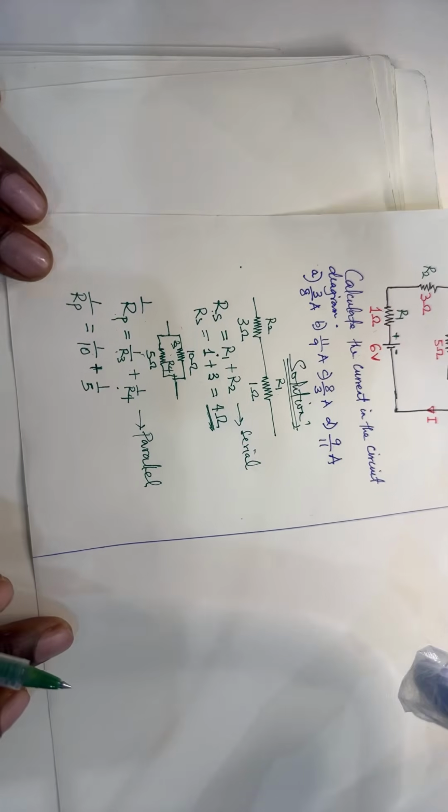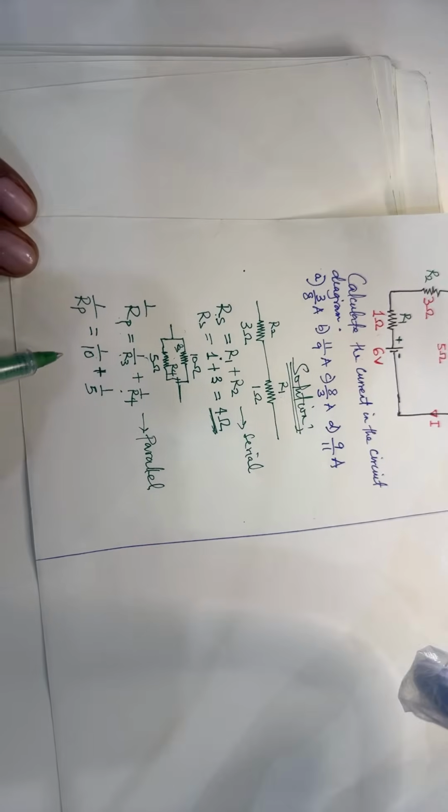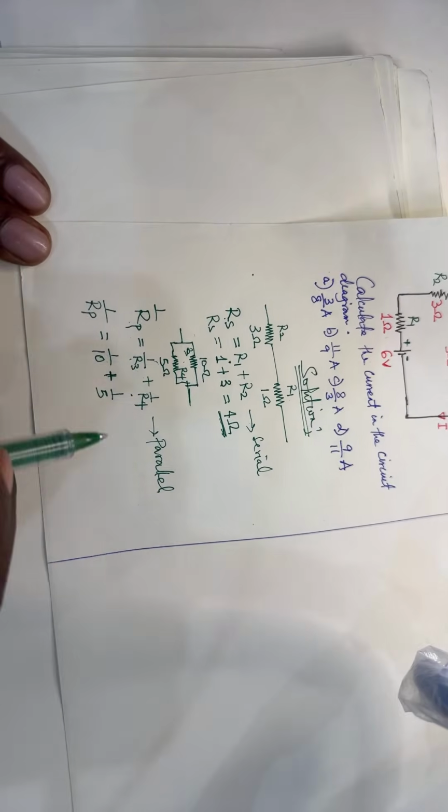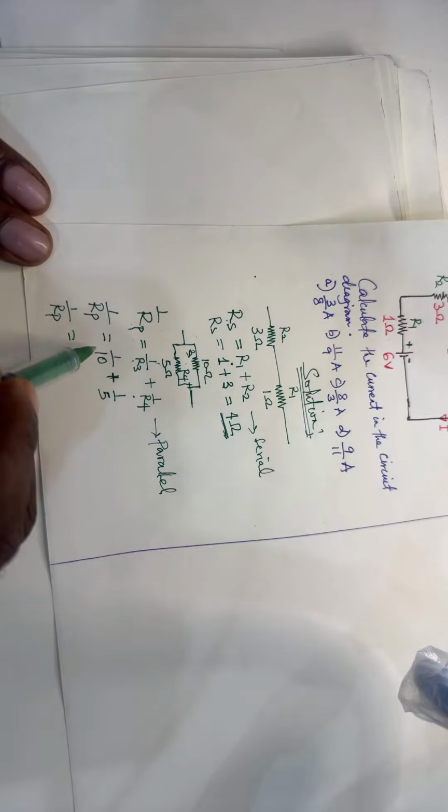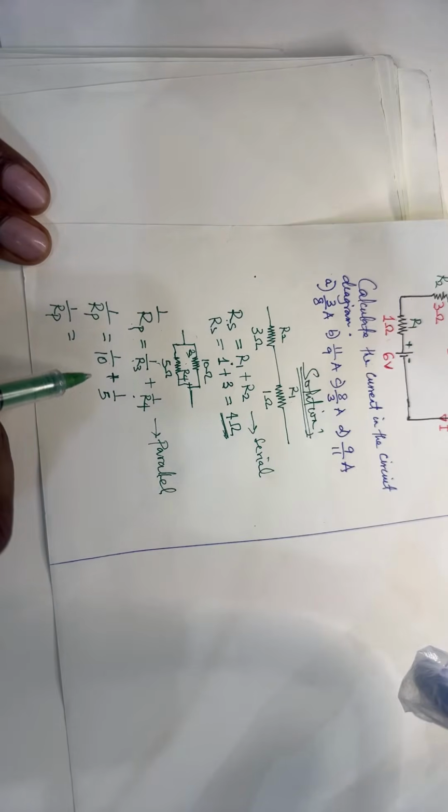So at this point, what do we need to do? You can use LCM. There is a shortcut for exams where you cross multiply, then multiply this one. You can use whichever method you want.